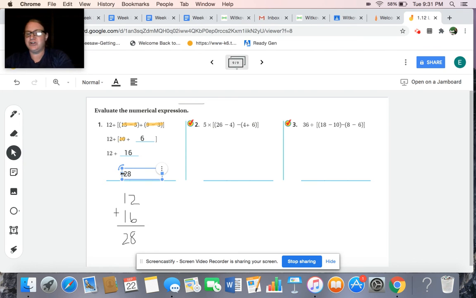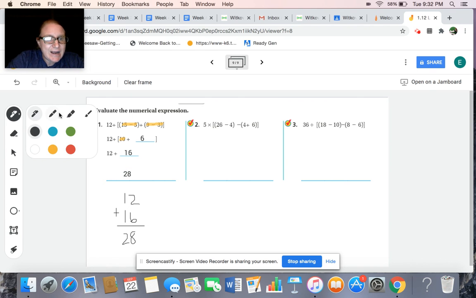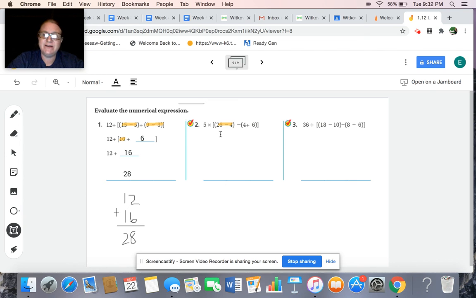All right, let's try number 2. We have to do what's in the parentheses first. And let me get my handy dandy highlighter. Yellow. So 26 minus 4 is 22. Then we need to do 4 plus 6, and 4 plus 6 is 10.